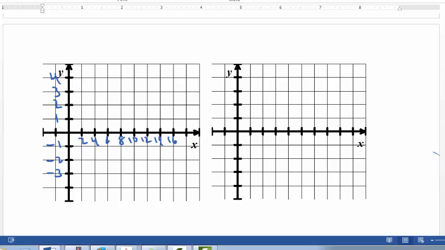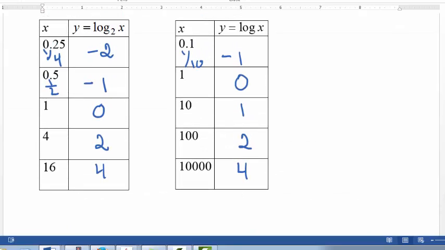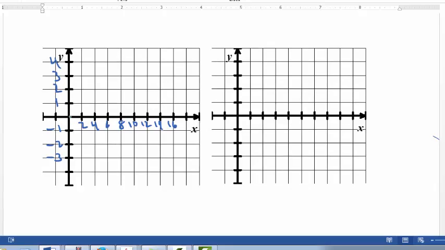And what were my points? My points were 1/4, negative 2, 1/2, negative 1. So 1/4, negative 2 is going to be hard to plot. It's going to be all the way down there. And then 1/2, negative 1 is going to be like right here.